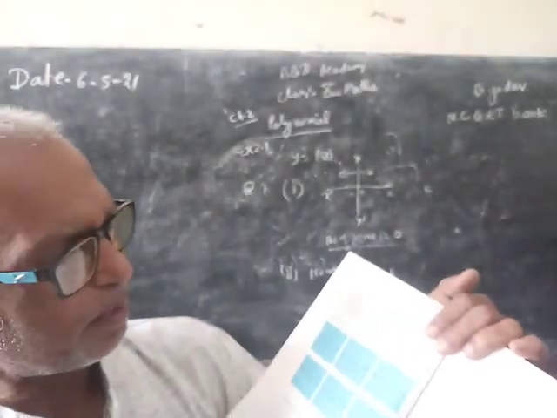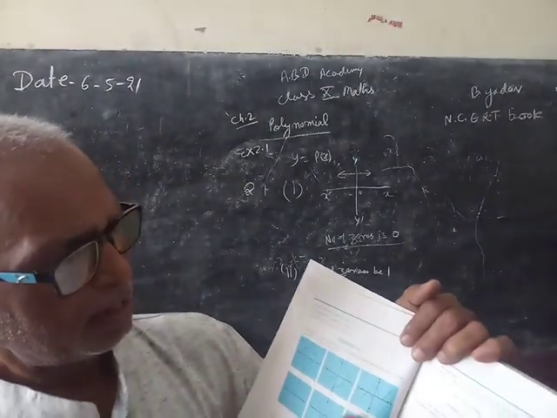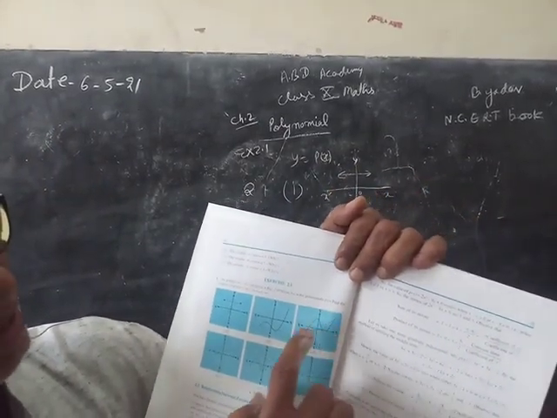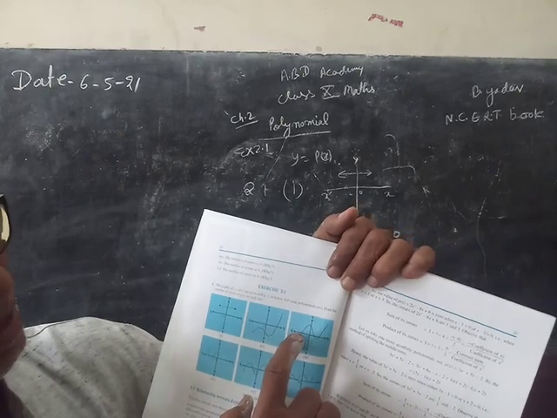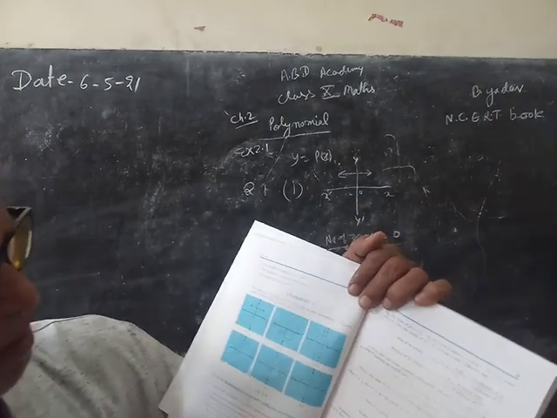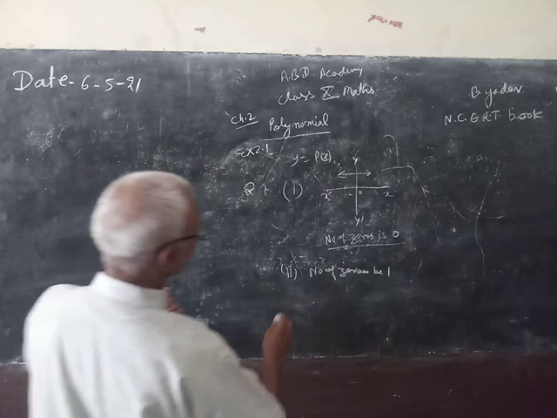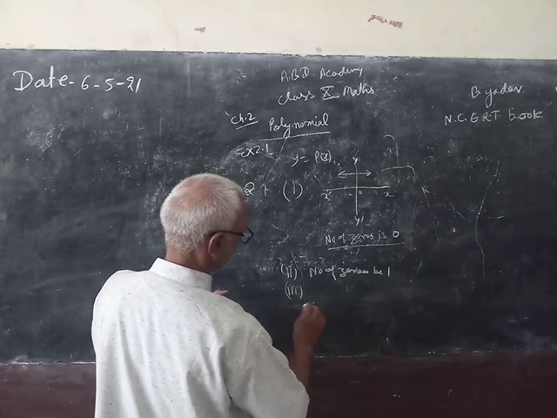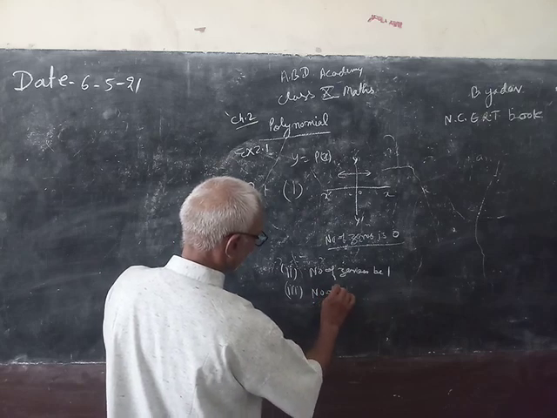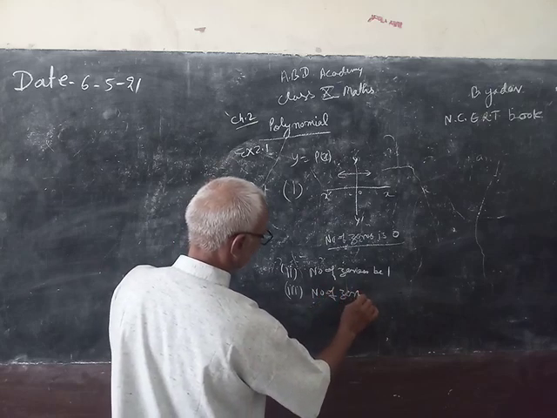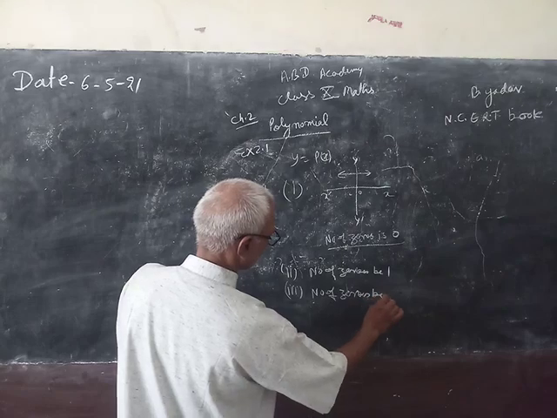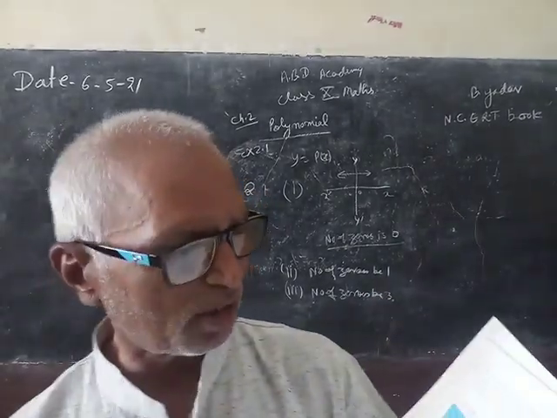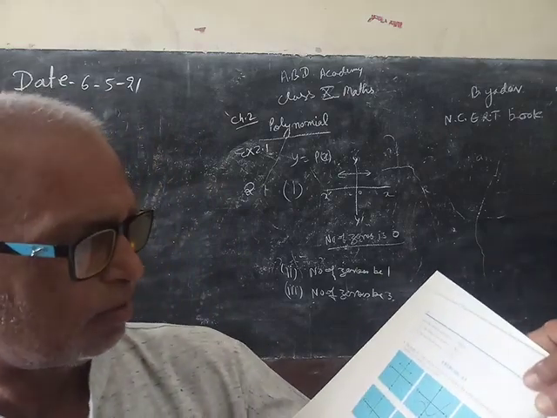Similarly, in third part, see here the graph, it cuts the x-axis thrice, one here, second here, third here. Therefore, in part 3 of question 1 of exercise 2.1, the number of zeros will be 3. There will be 3 values of x for which y will be 0.